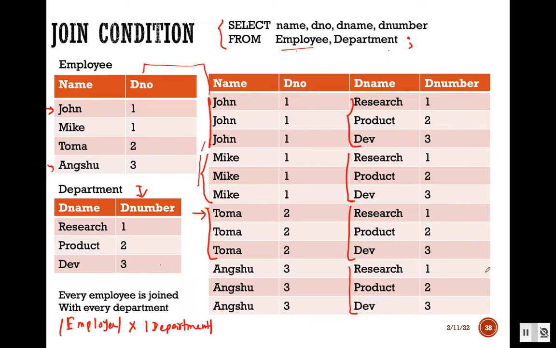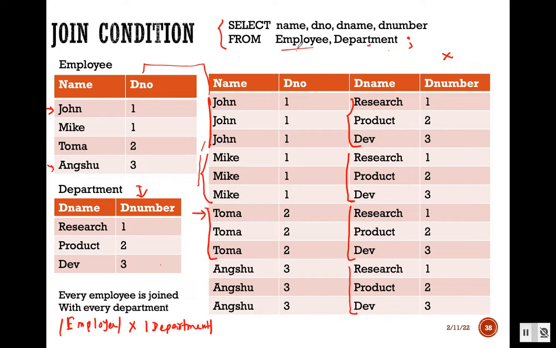So without a join condition, if we write a query where we select records from more than one table, the result is a Cartesian product or a cross product. Every employee will be joined with every department.